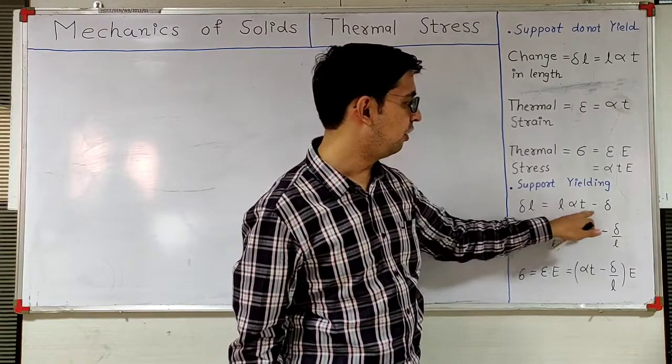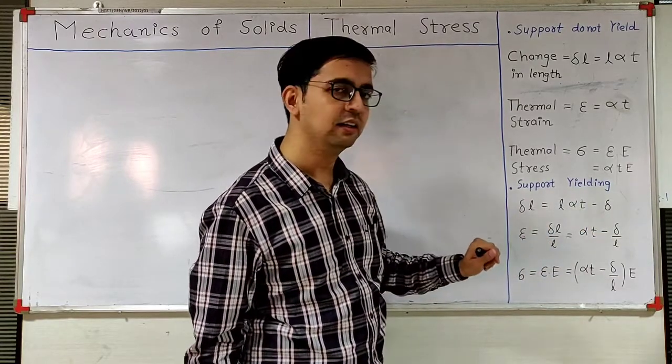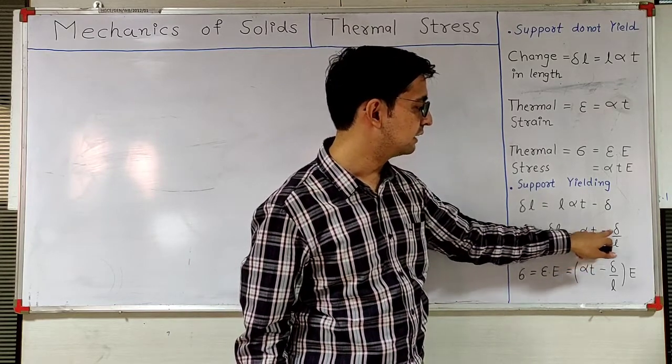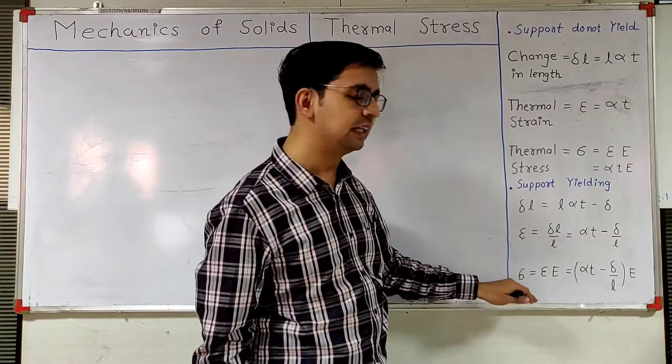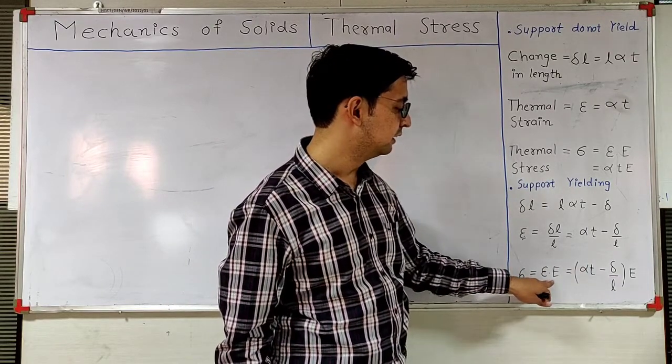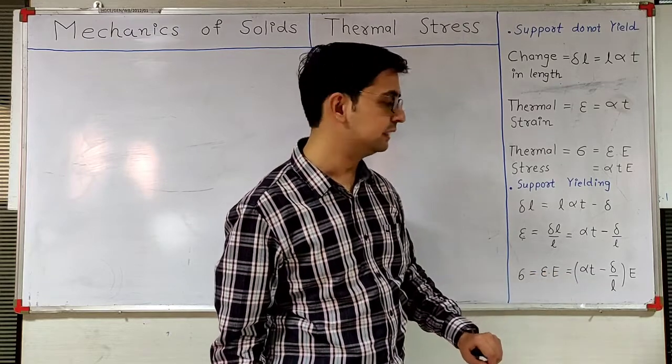So divide the whole expression by L: strain is (L alpha T minus delta) over L. Last is thermal stress. As per Hooke's law, it is strain into modulus of elasticity.